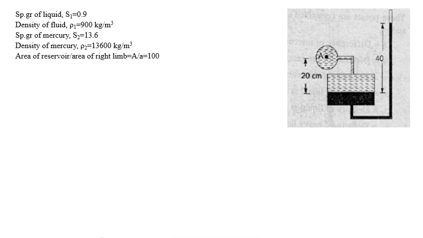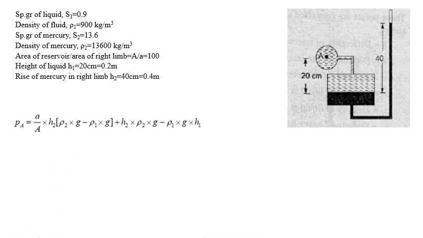That means area of the reservoir is equals to 100 times the area of small tube of the manometer. The height of liquid H1 is given, that is 20 centimeter, that is equals to 0.2 meter. Rise of mercury in right limb H2 is given as 40 centimeter, that is equals to 0.4 meter.